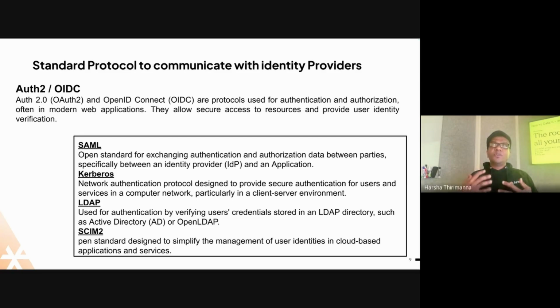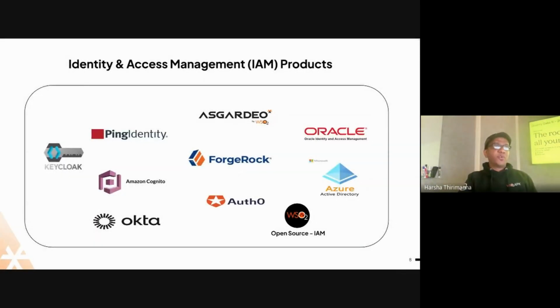So when we talk about the identity product, how do you delegate all the responsibility to the external identity product, and what is this communication? Your React application is on one machine, maybe the identity product on another machine. How do you communicate with each other, right? Then you have to follow the standard protocol. Maybe you already know OAuth2 and OpenID Connect, OIDC. That is the standard protocol we have right now, and all these products follow the same protocol.